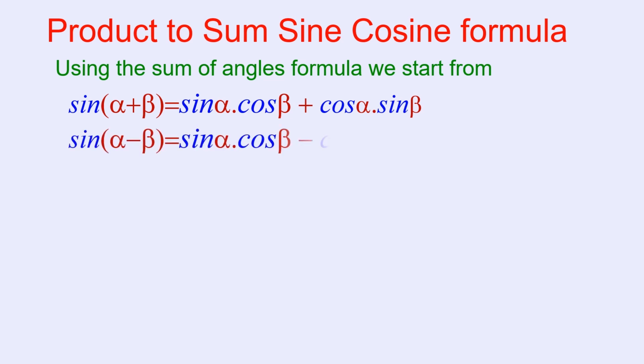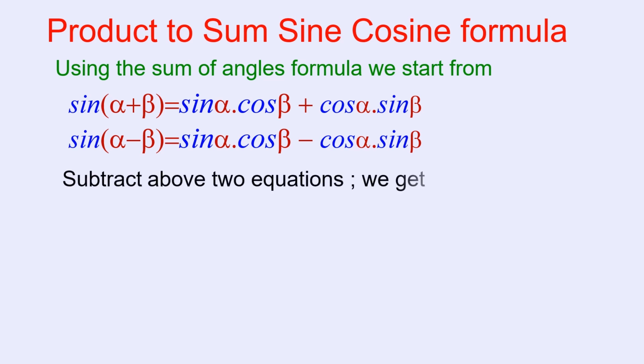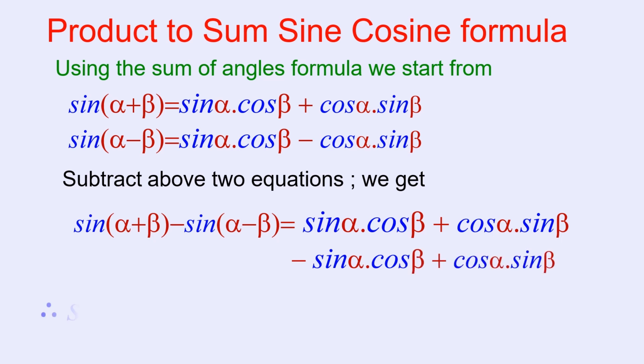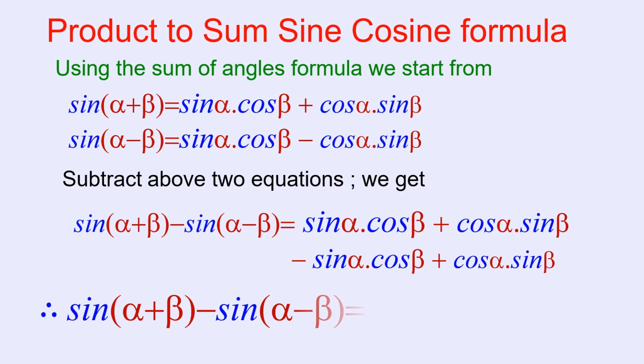Using the sum and difference of angles formula, we start from the formula of sine of alpha plus beta and that of sine of alpha minus beta. Subtract two equations, we get sine of alpha plus beta minus sine of alpha minus beta equals 2 times cosine of alpha into sine of beta.